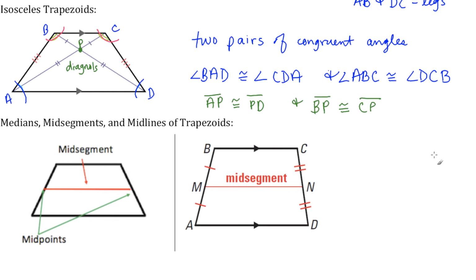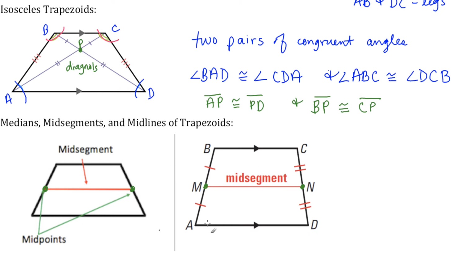And lastly, we have these things called mid-segments. Here's the midpoint M, and here's midpoint N. M is the midpoint of BA, and N is the midpoint of CD.